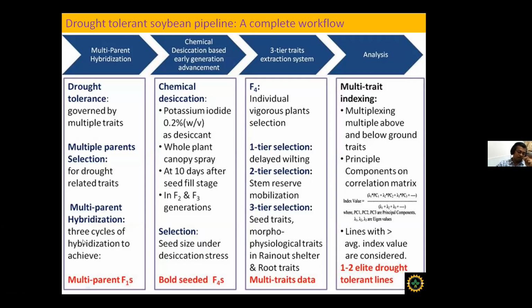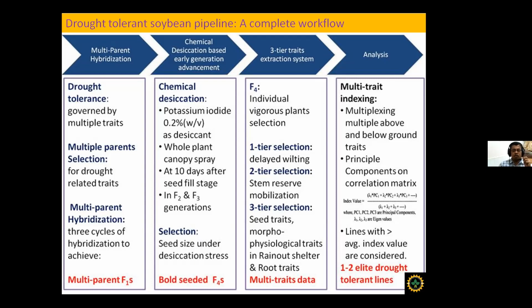It takes 3 cycles of hybridization anyway. And once these multi-parent F1s are achieved, the method which has been standardized here at the Indian Institute of Soybean Research is the chemical desiccation test, an early generation advancement method.